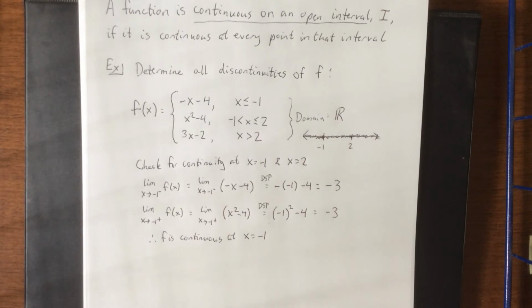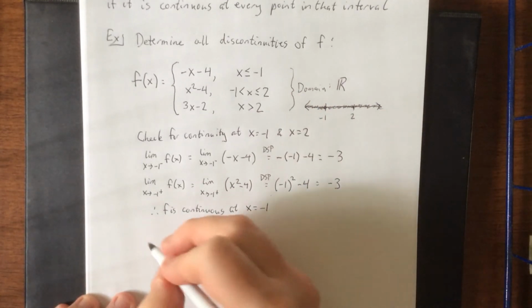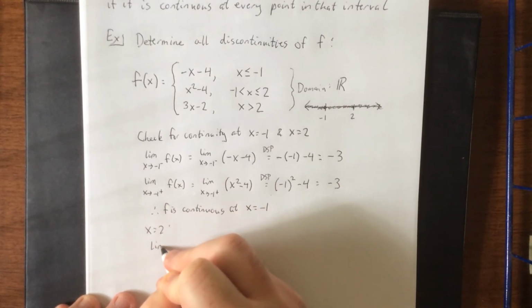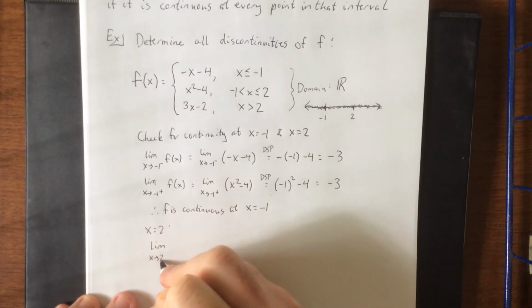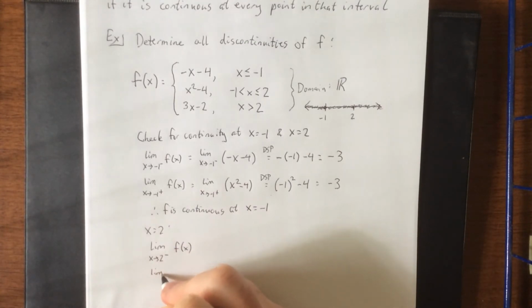Now we'll be doing the same thing for x equals 2 since there is a change in the definition of the function there as well. So for x equals 2, once again we'll be checking the limit as x approaches 2 from the left side and the limit as x approaches 2 from the right side.